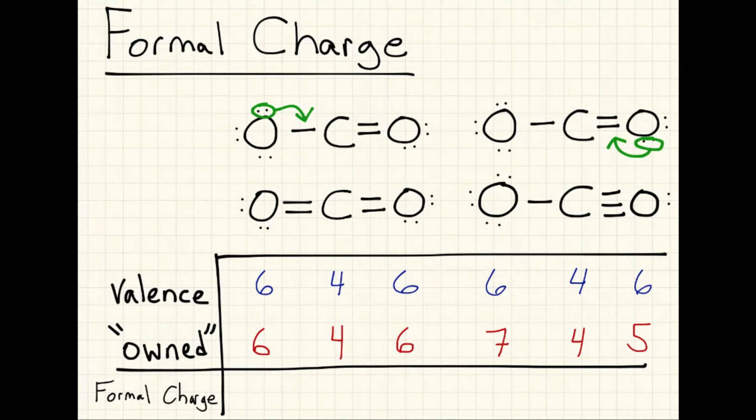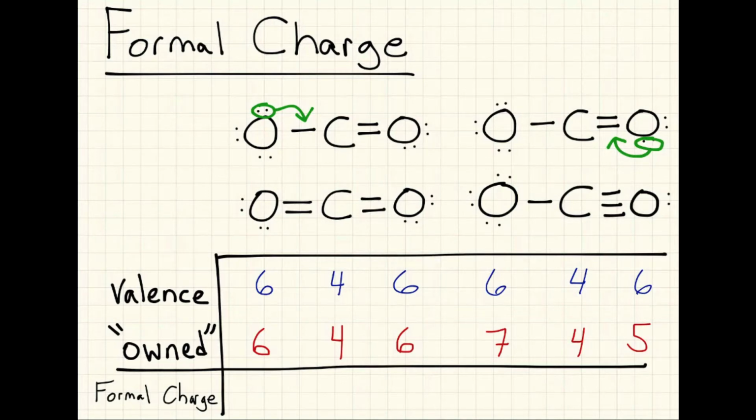This is expressed as the difference between the top number and the bottom number. In other words, how many valence electrons does the atom typically have, minus how many electrons it has full ownership of in this particular structure. And that will give you the resultant formal charge.